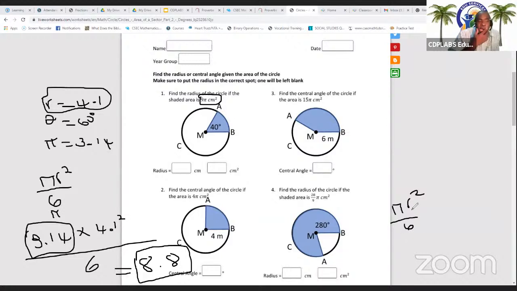We want to find r. But we know that this is 8.8. Now the number of sectors multiplied by this will give us r squared. So watch this now. This is algebra for you now.